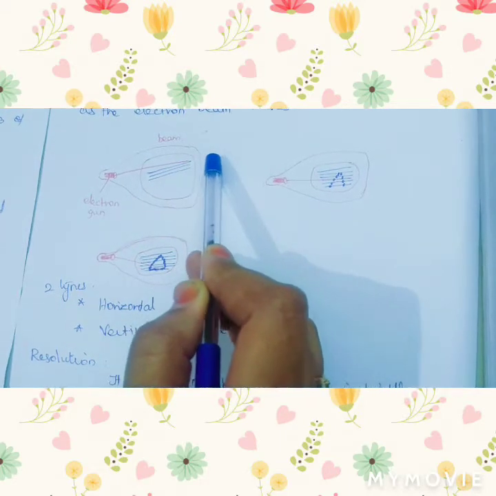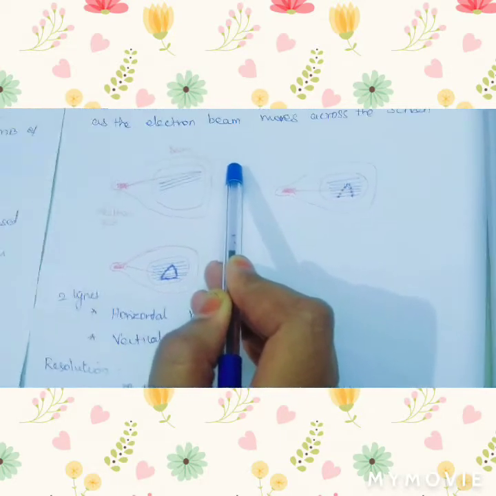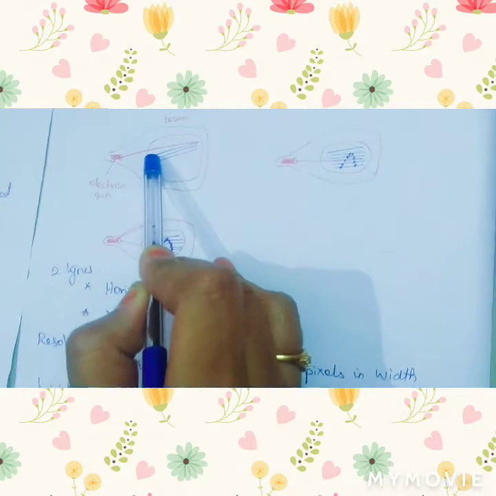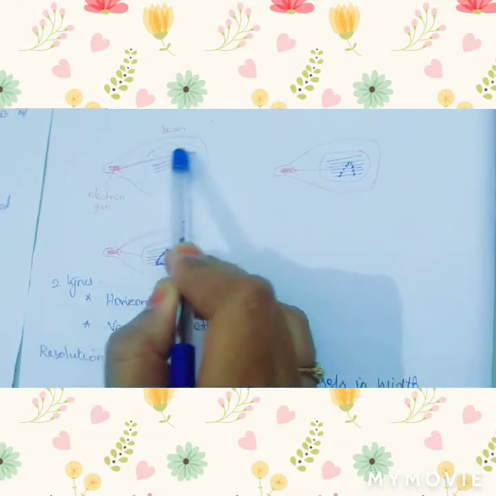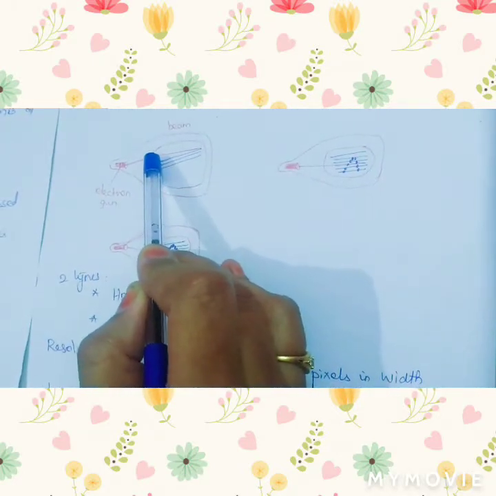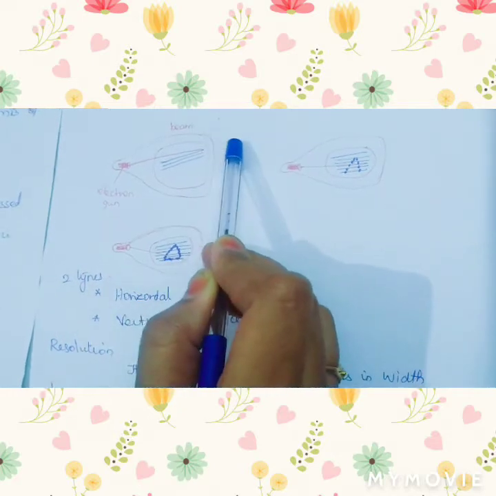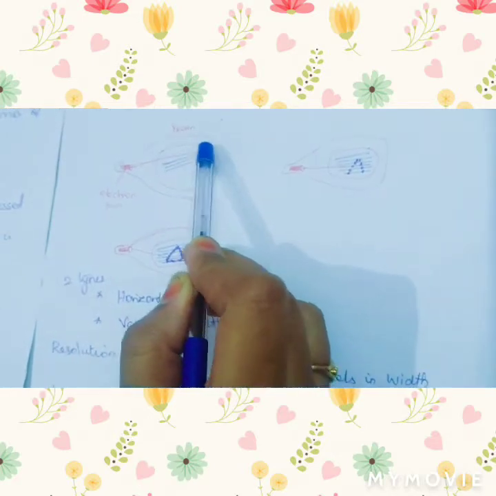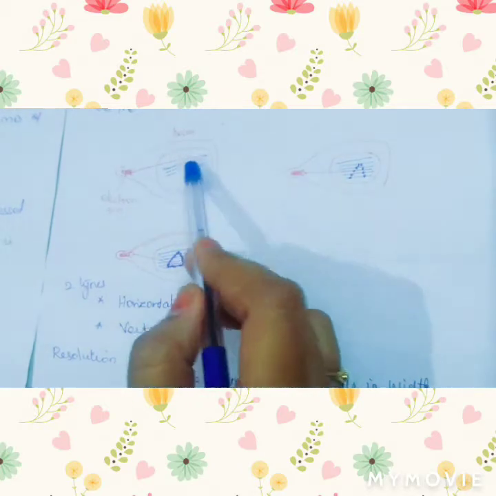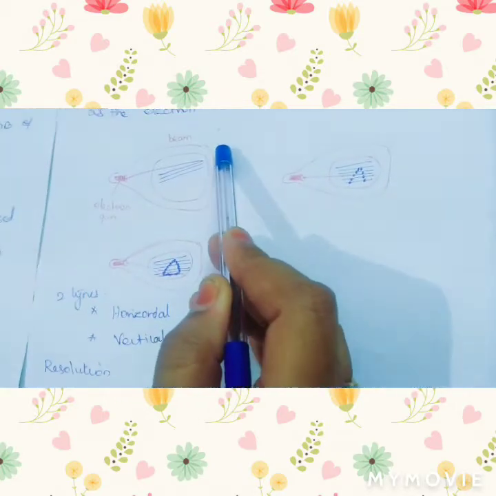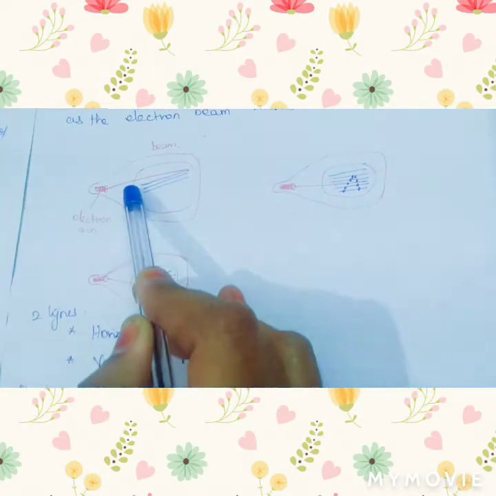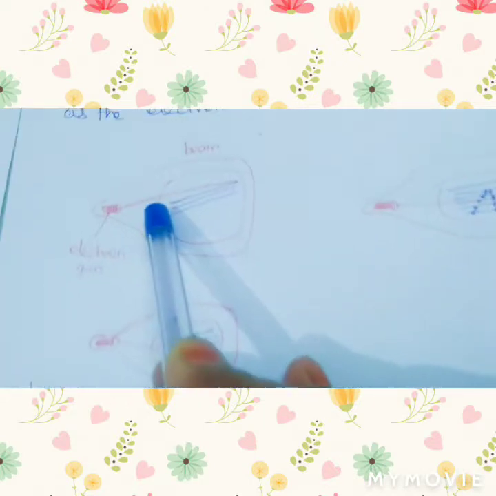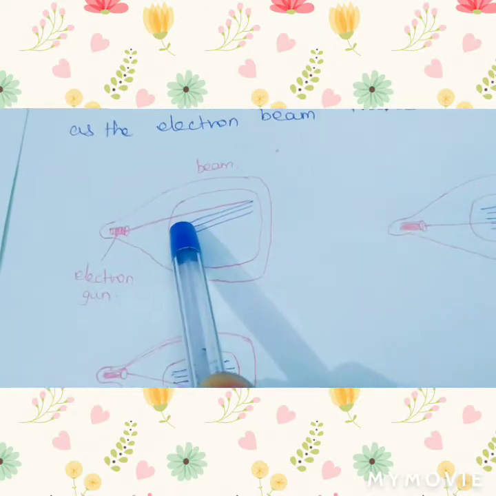After finishing each scan line, it returns to the left side of the screen, right? From this point to this point, the line crossed is called a scan line. From left to right, after finishing the right position, again it moves to the left. So this is called horizontal retrace.